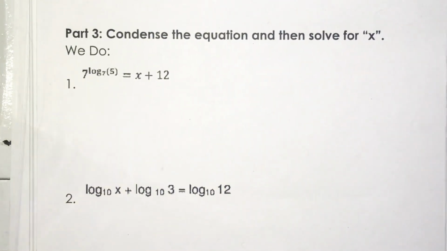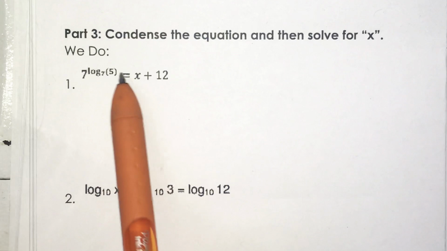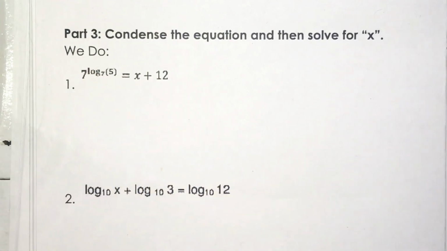Okay, the first one I have 7 to the power of, so this whole thing is a power, right? Log base 7 of 5 equals x plus 12. Now, if I look over here on the left, this rule looks like something we've learned, the exponential logarithmic inverse.